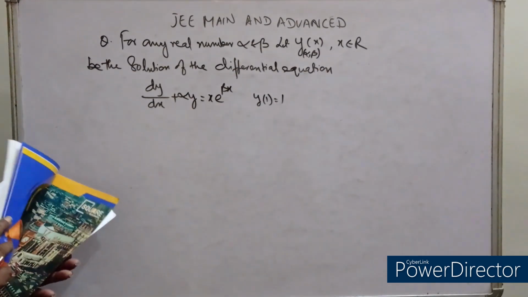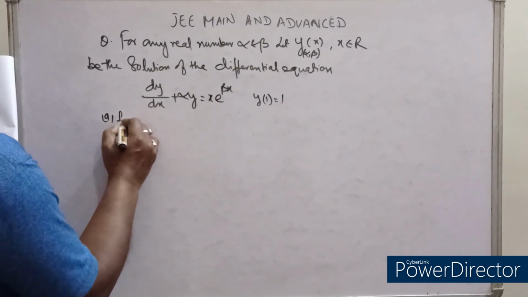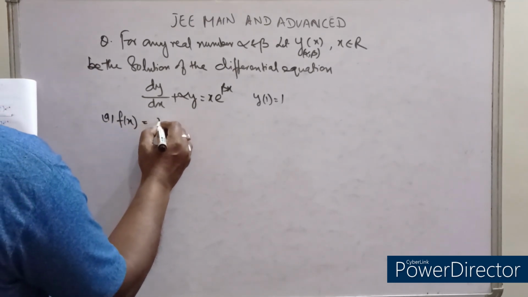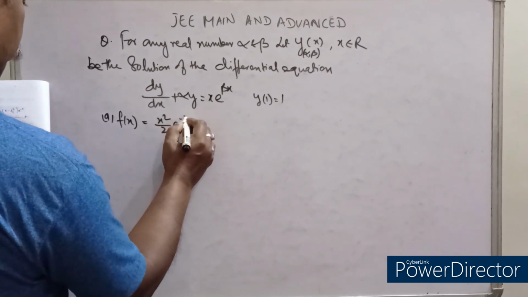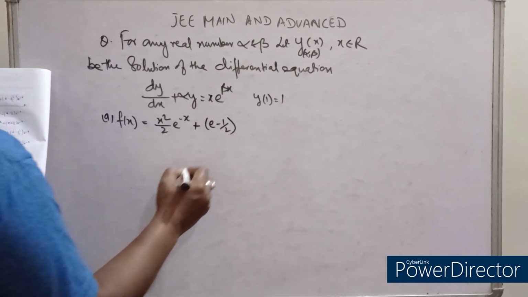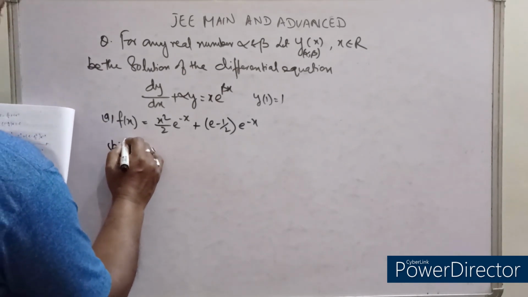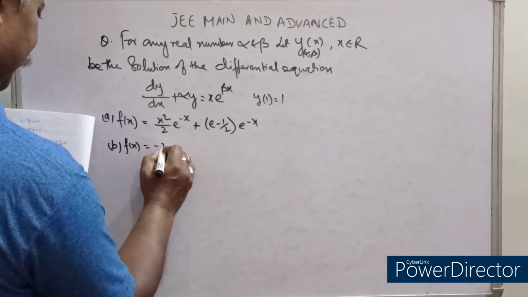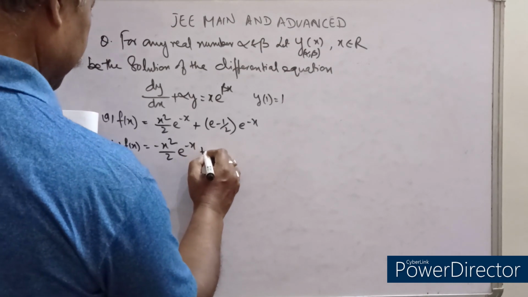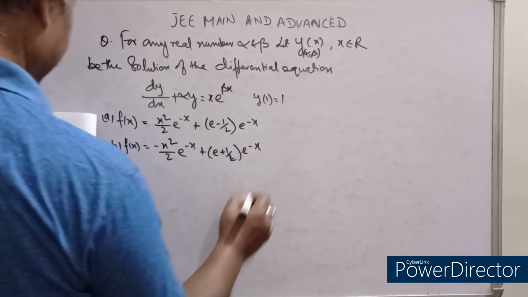Your options given here: option A, f(x) = x squared by 2 e to the power of minus x plus (e minus half) e to the power of minus x. Option B, f(x) = minus x squared by 2 e to the power of minus x plus (e plus 1 by 2) e to the power of minus x.